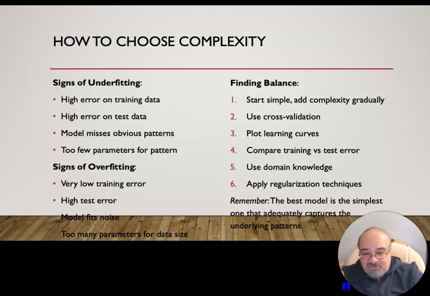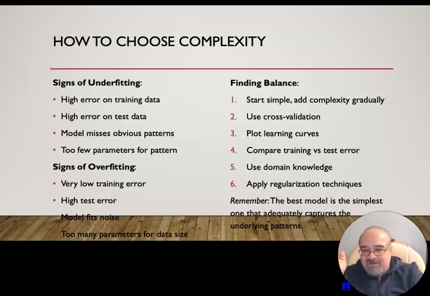So how do you go about choosing the model complexity that you might have? But the key to choosing model complexity is to balance the model's ability to fit patterns in the training data with the ability to generalize to new data.